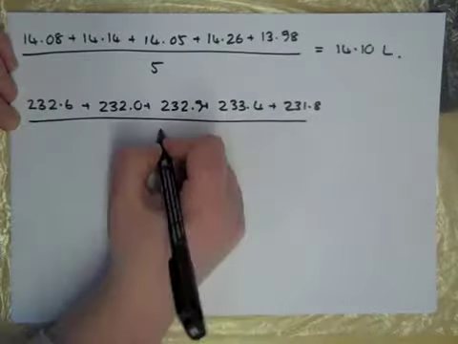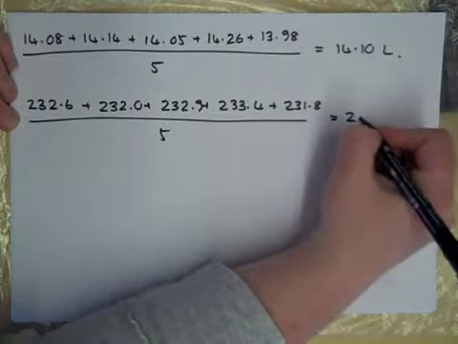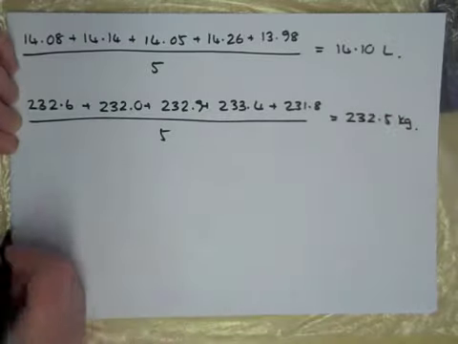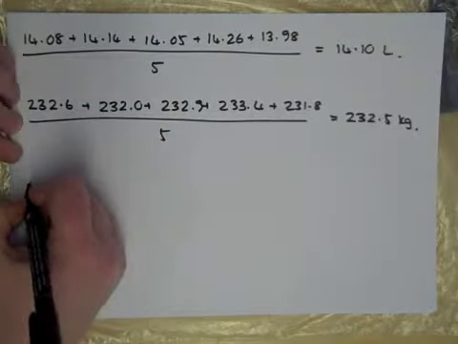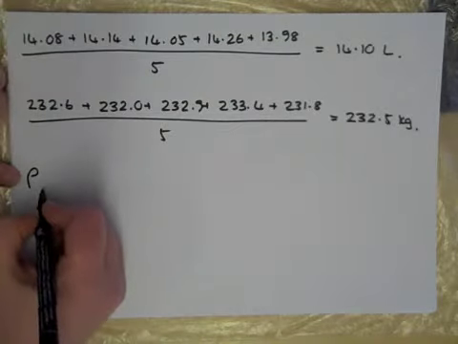Again, there were 5 of these values, and so in this case we find that the mean mass is 232.5 kilograms.